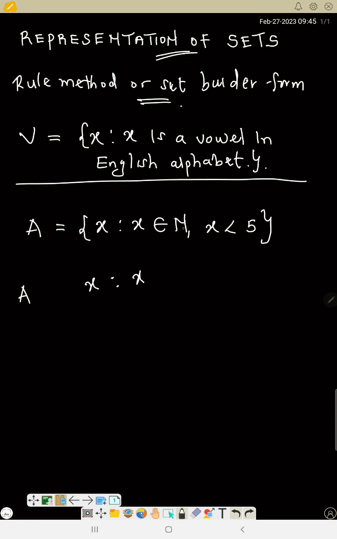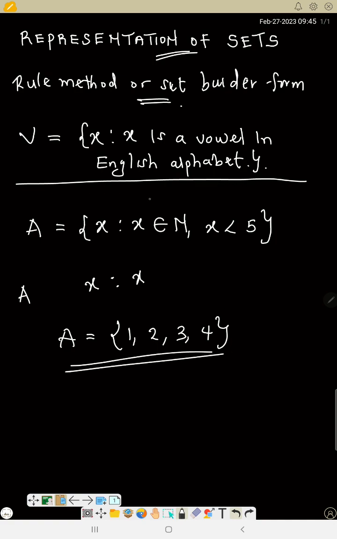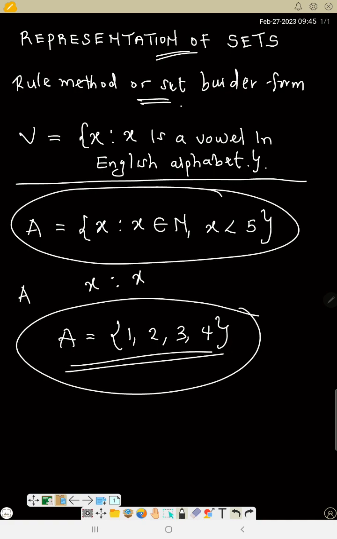So x is a member of natural number and x is less than 5. If I write this out, A is the set of 1, 2, 3, 4. So I have interpreted it to this form, and this part is useful. Set A is the set of all x such that x is a member of natural number and x is less than 5.